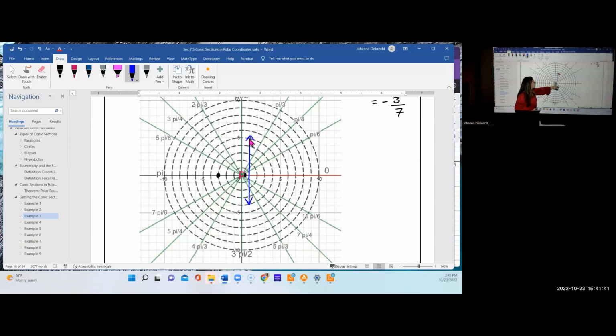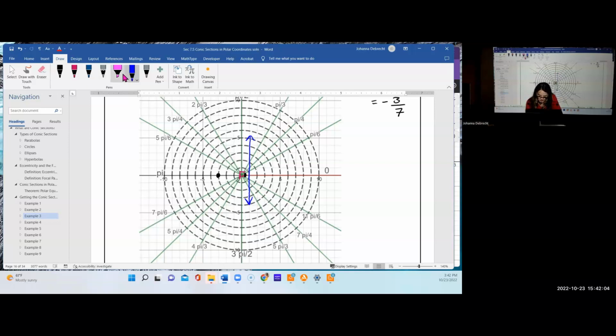We need to know where the center is. It's got to be halfway between the black dots, the 2 vertices. So again, we take 3/7 plus 3. We add it together. We got 24/7, and half of that was 12/7. So we're going to take the 3/7 and we want to subtract 12/7, which puts us at -9/7.